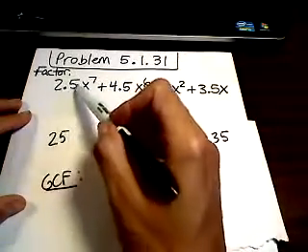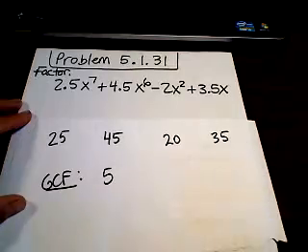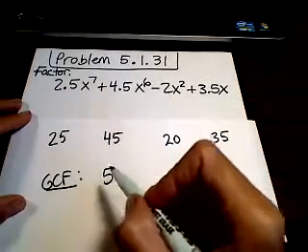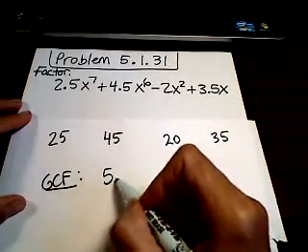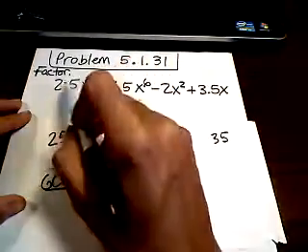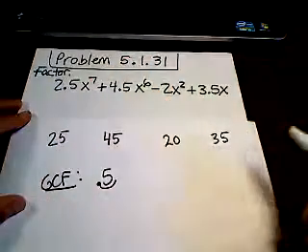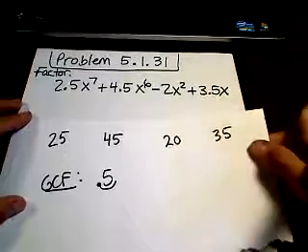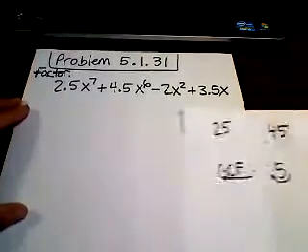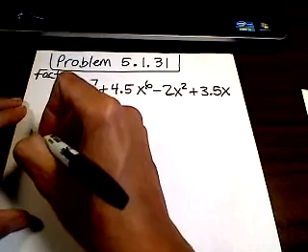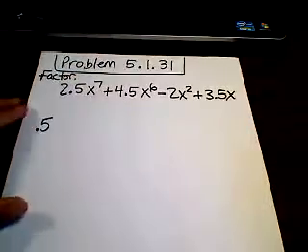Because I've moved the decimal over one place in order to identify each of these numbers, I would want to move the decimal back over in order to identify the GCF. So your GCF of these numbers is actually going to be 0.5. And if you use a calculator, you'll find that that is true.